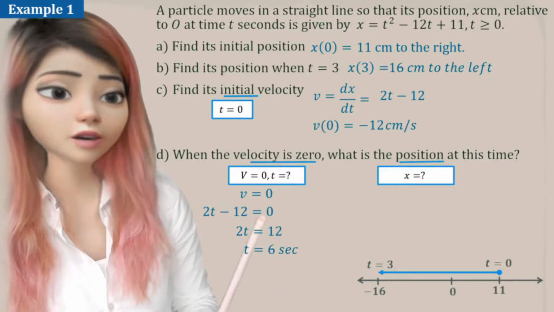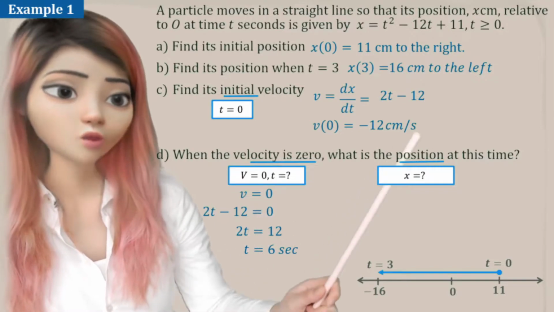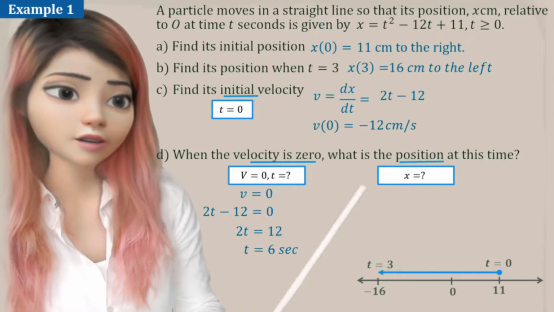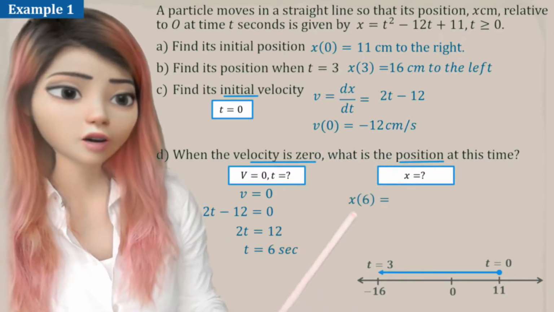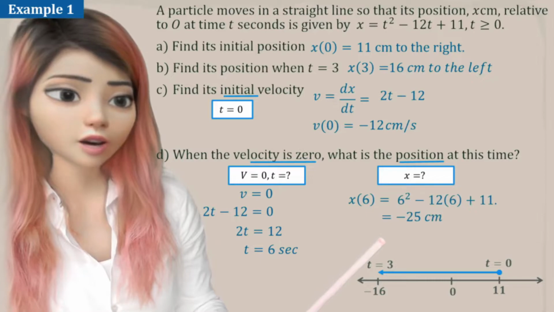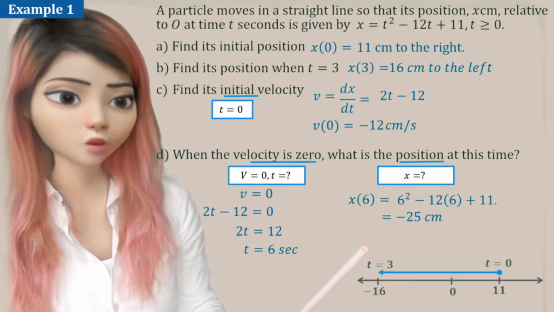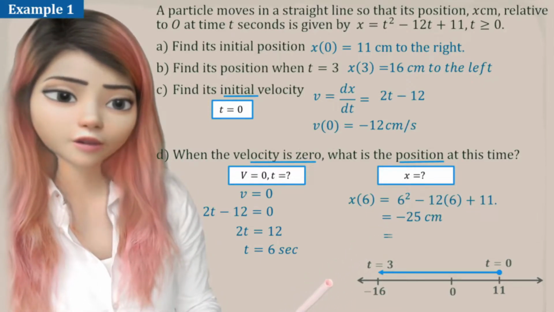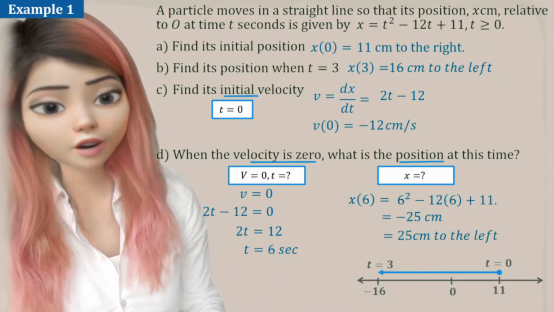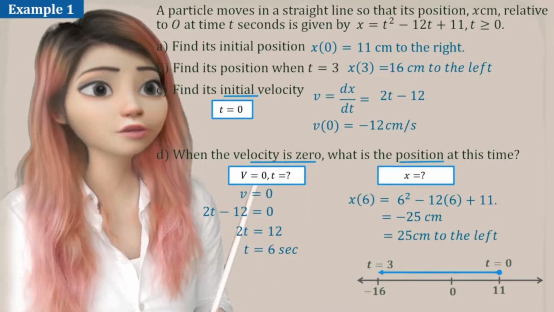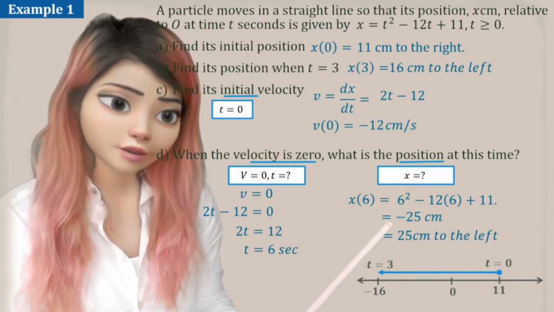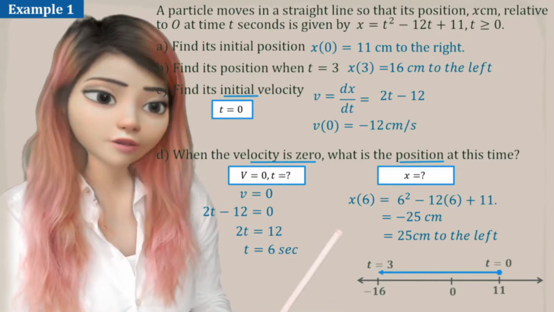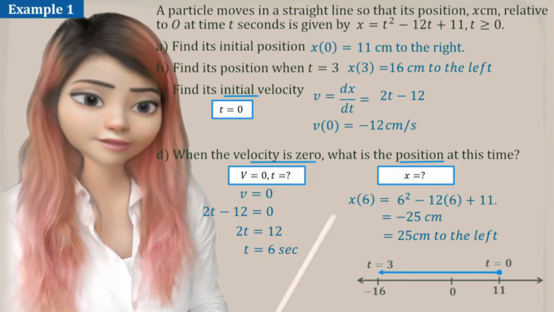So the velocity is 0 at 6 seconds. To find the position, we put it into this equation there. With t as 6, the position is negative 25 centimeters, or 25 centimeters to the left. Remember, you can't write minus 25 to the left because that's a double negative. So you can either write minus 25 centimeters from the origin or 25 centimeters to the left of the origin.